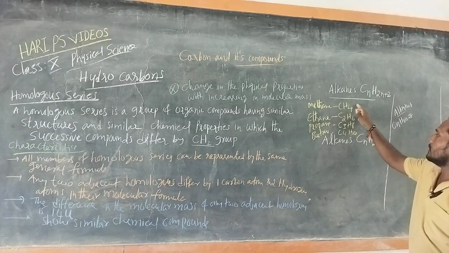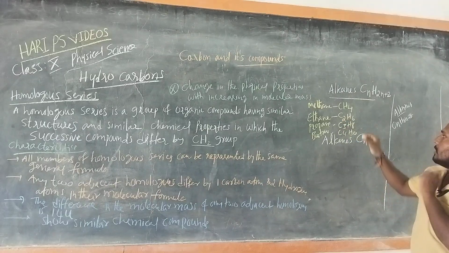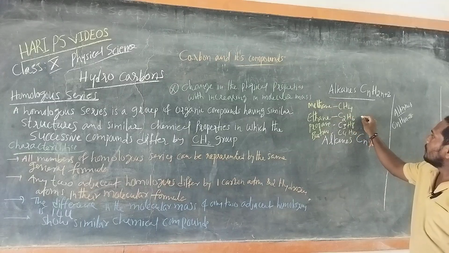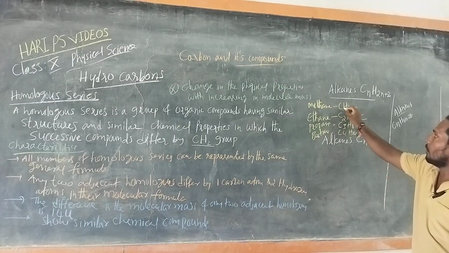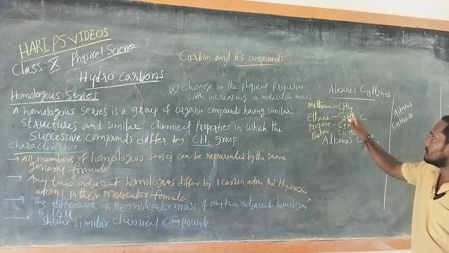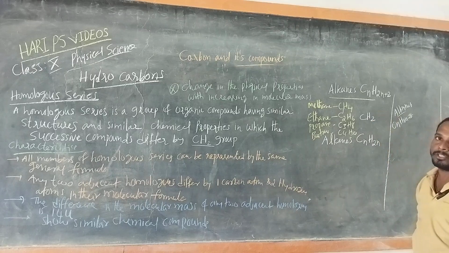So methane CH4. Then ethane: when I compare it with methane, ethane has one carbon extra, and 4 hydrogens versus 6 hydrogens. The difference is CH2.